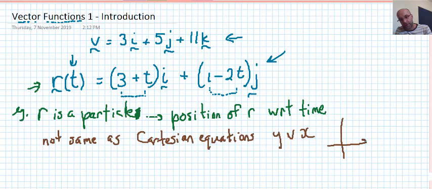Like so, you've seen that. Okay, that's usually some displacement or distance in one direction versus a displacement or distance in the other direction. Whereas r of t is more likely to be the position, the overall position as time goes by. Remember, t is the parameter changing. So it's the position against time, whereas Cartesian is position in one direction versus position in the other.